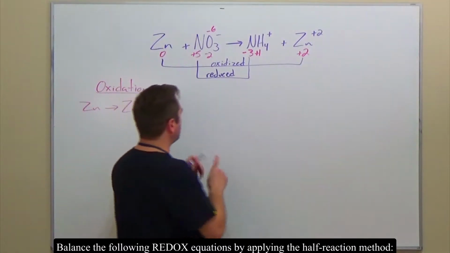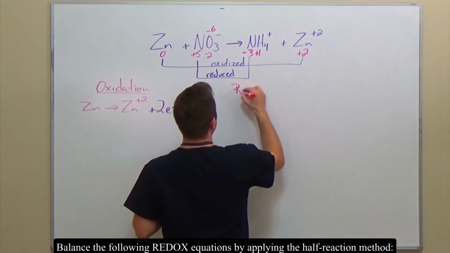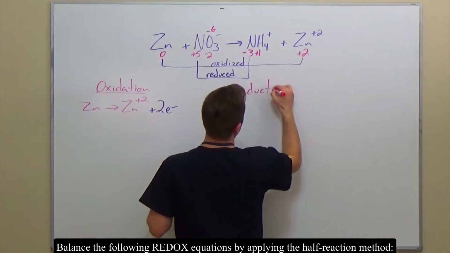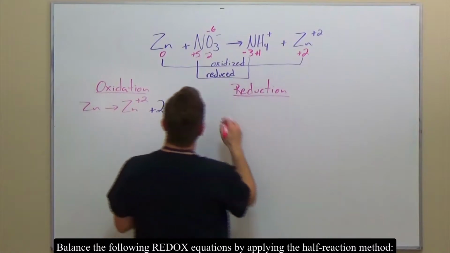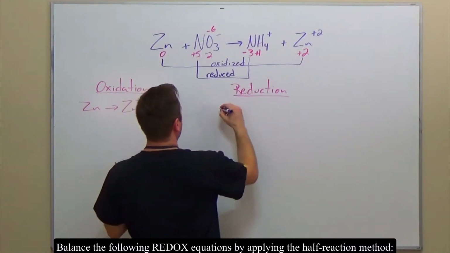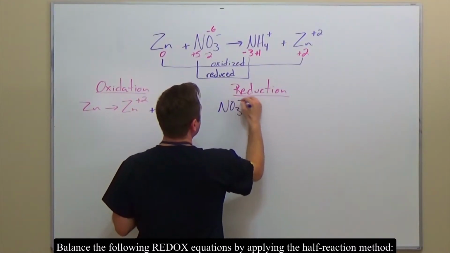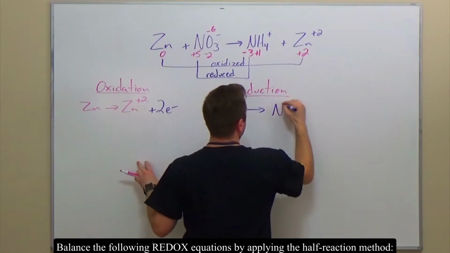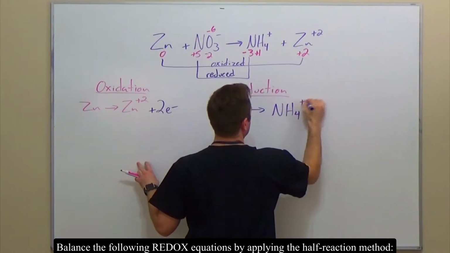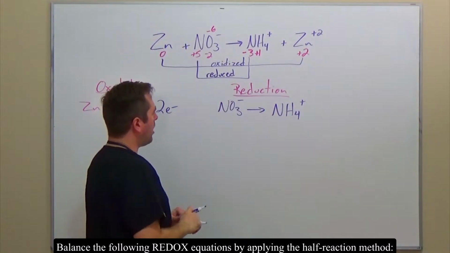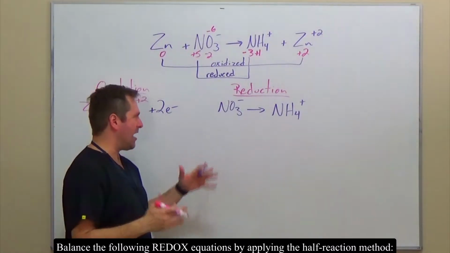Let's go after the reduction reaction. Reduction. And we had nitrate ion, and ended up yielding ammonium ion. Well, are the nitrogens balanced? Yes, they are, so that's good.